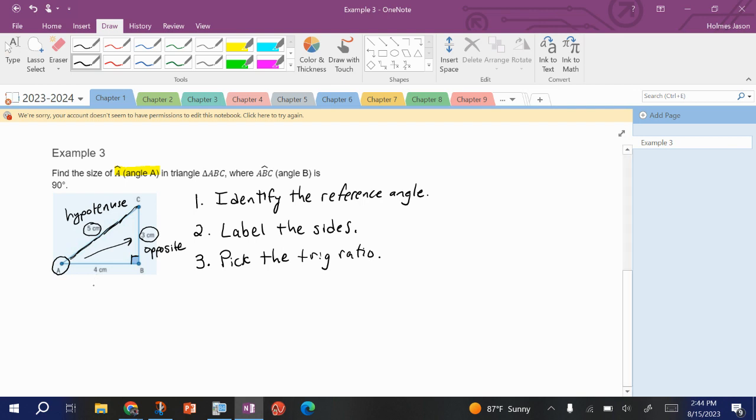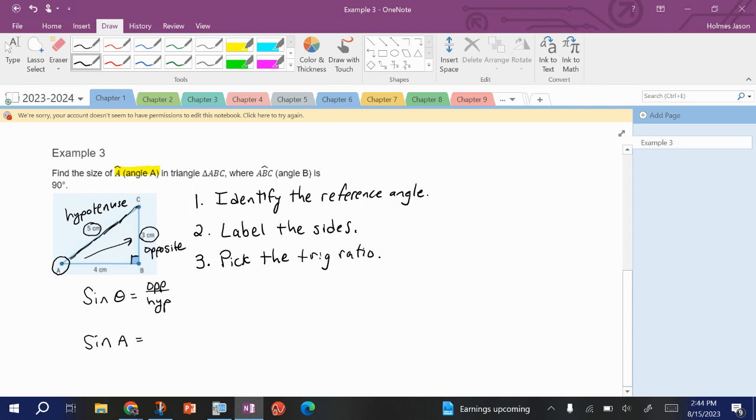So when I'm thinking about trig ratios and I think about sine, cosine, and tangent, I know that the sine of an angle is equal to the opposite over the hypotenuse. And so I'm going to be using sine. So I would say sine of A is equal to the opposite.